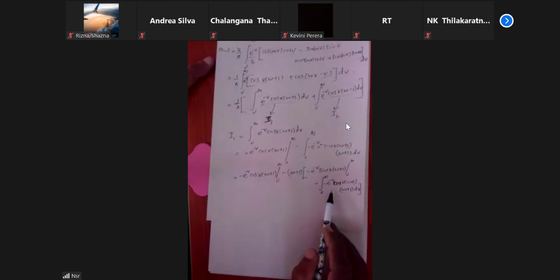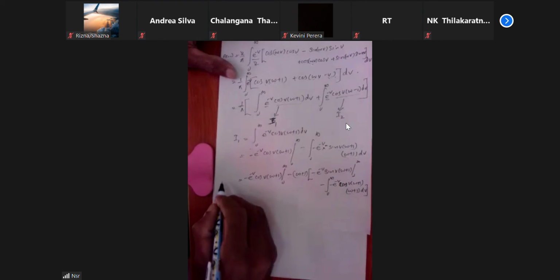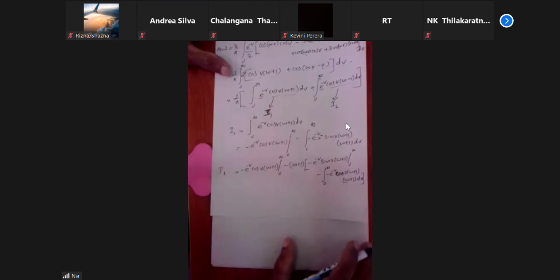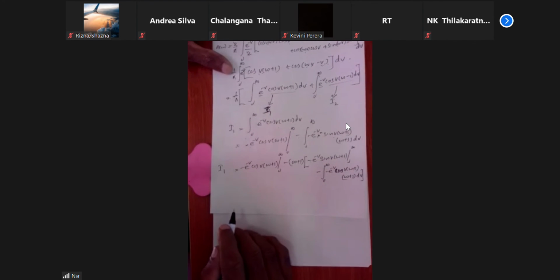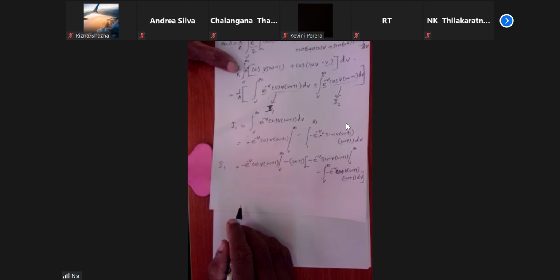Now look at this one again, the same function we have, that is I1. Then you can write down I1 equal to this component. You simplify this now. Omega v square. So then what you can write down here?